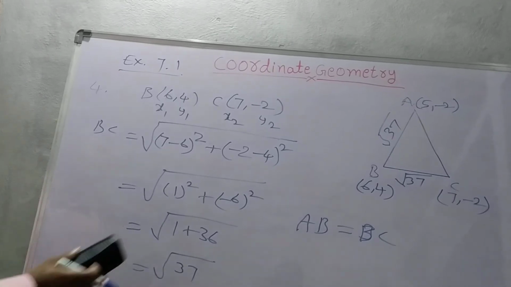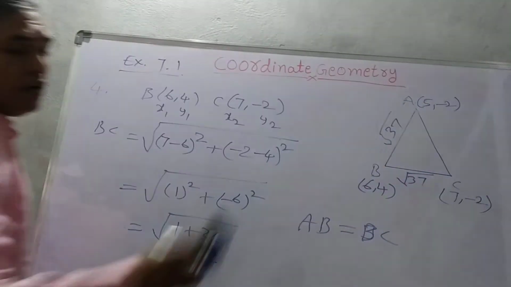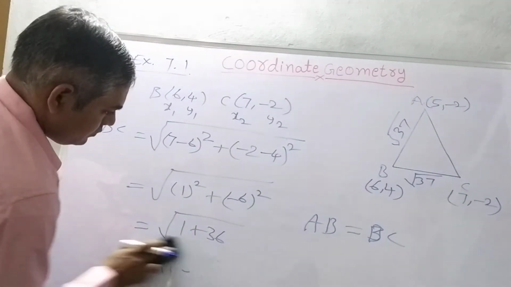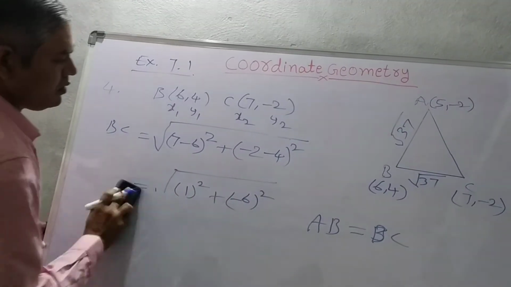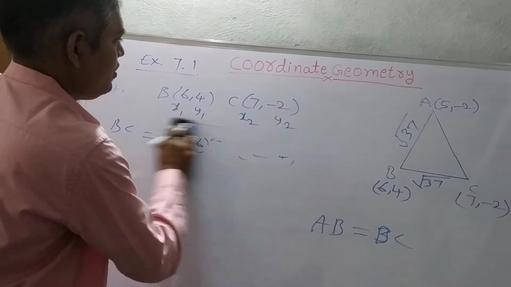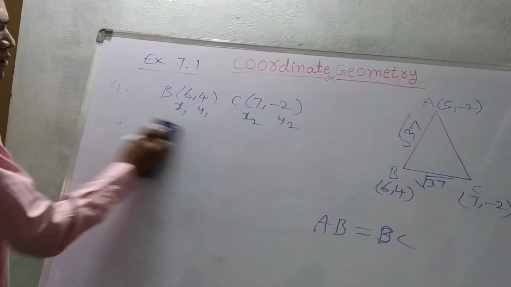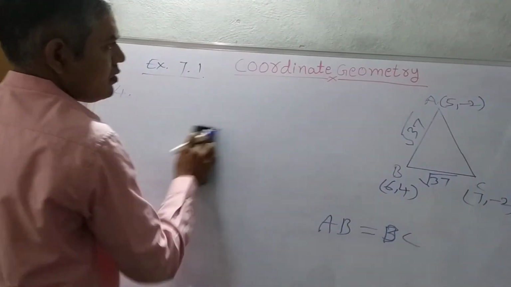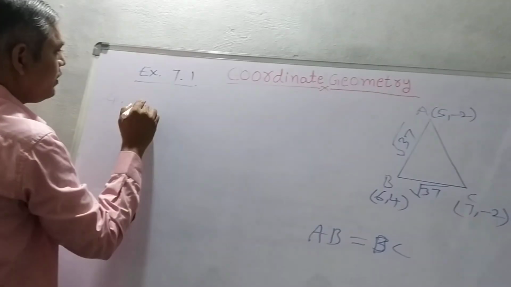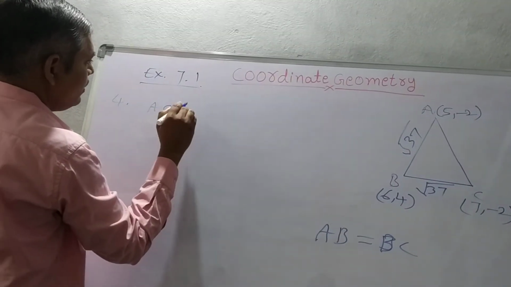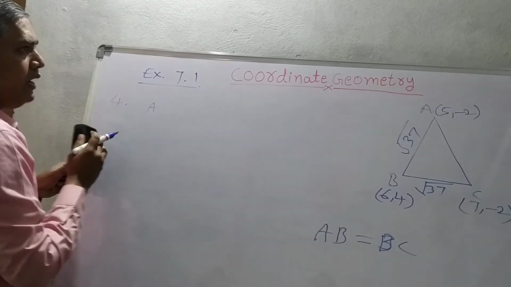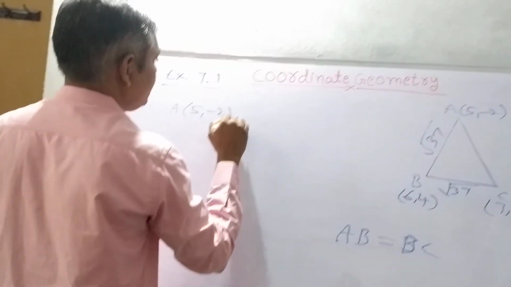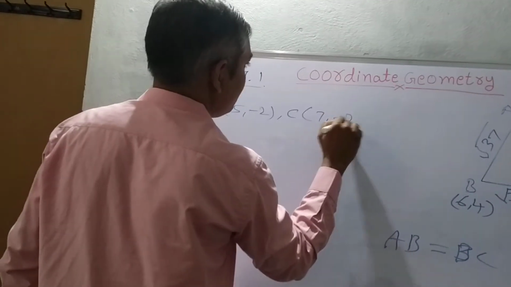Then we have to find the third side CA. Distance between AC. A is (5, -2), C is (7, -2).